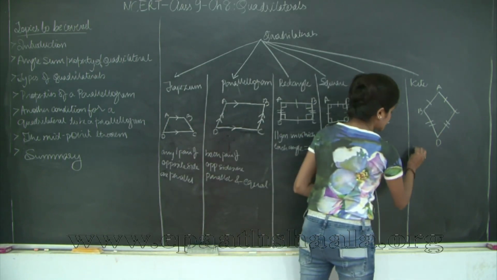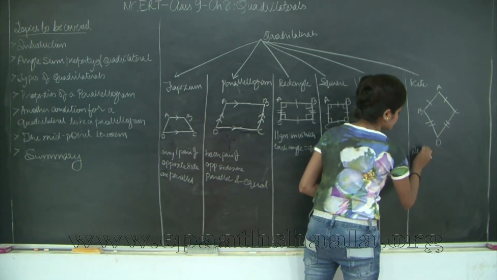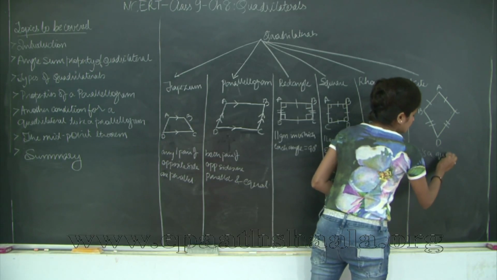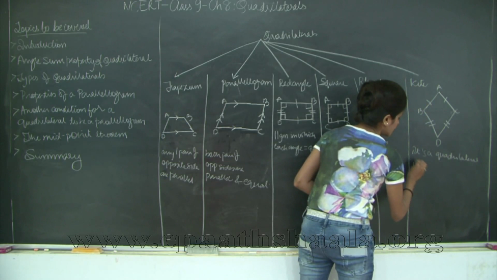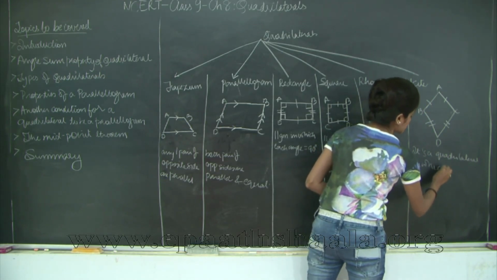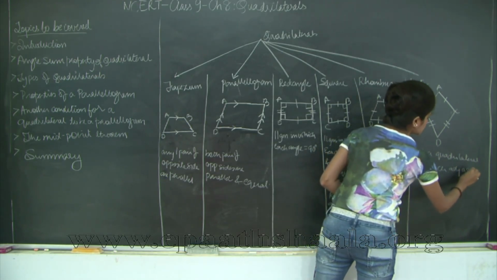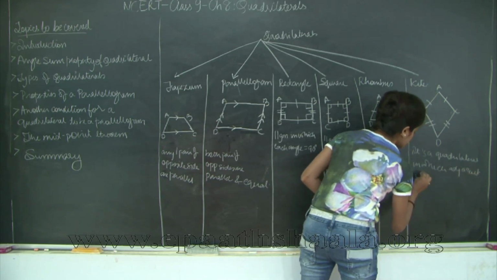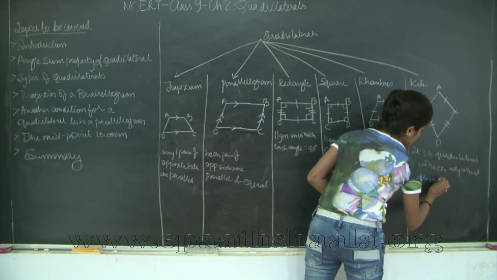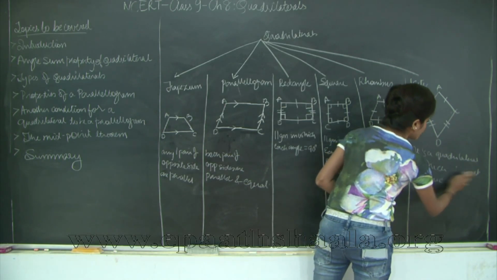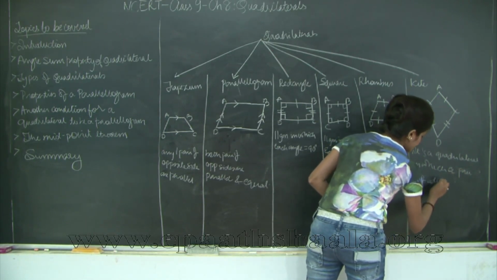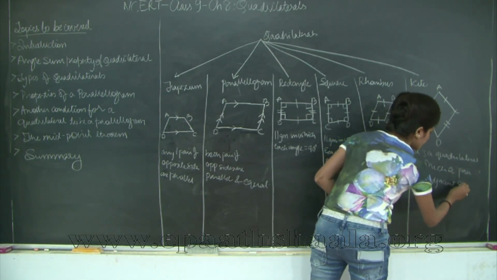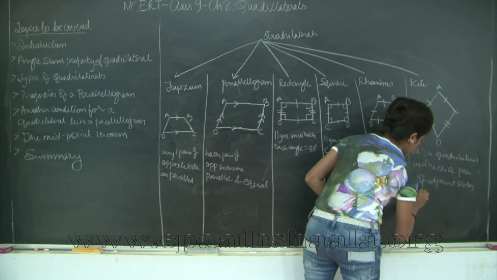So a kite is a quadrilateral in which a pair of adjacent sides are equal.